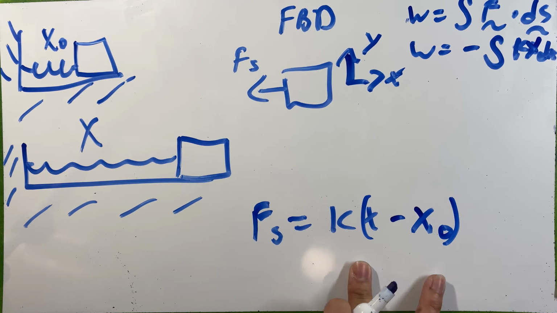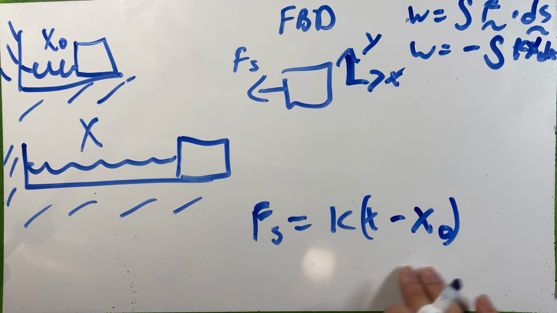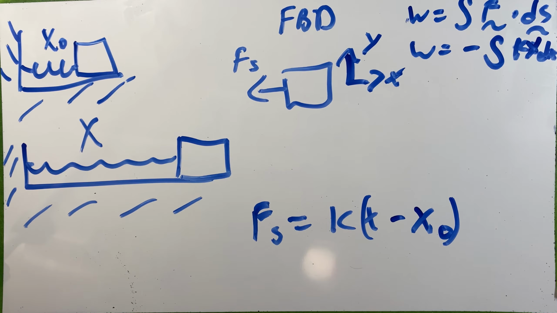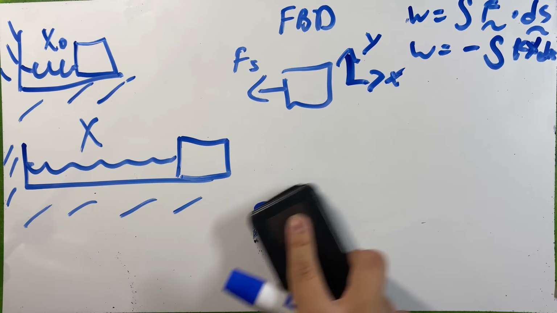So essentially, how far it is from its equilibrium position is how much it really wants to move. As you get farther away, there's a big force trying to push it back in, but as you get closer to equilibrium, it's like, maybe I don't want to move that much. I'm only displaced a little bit.